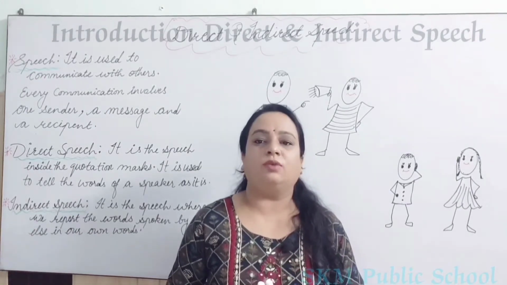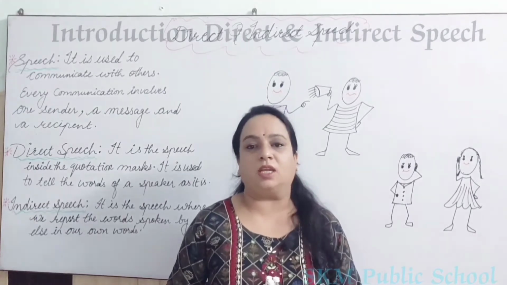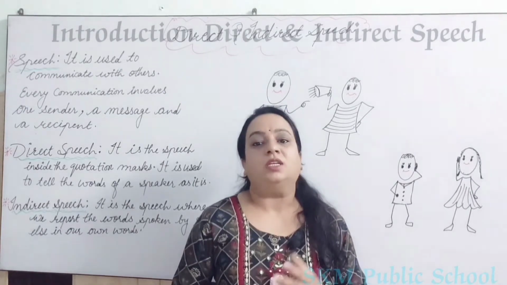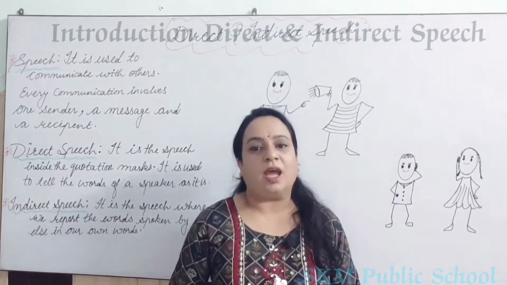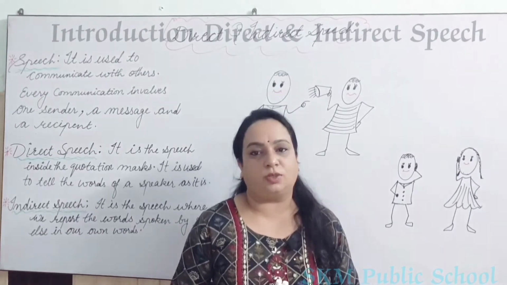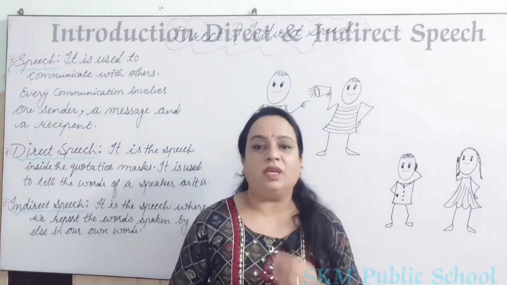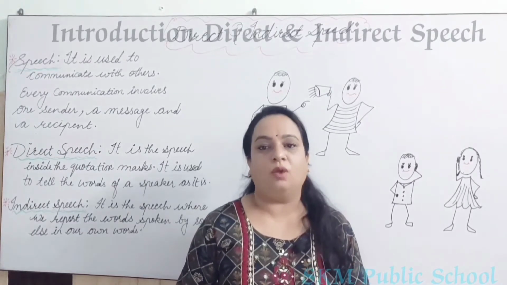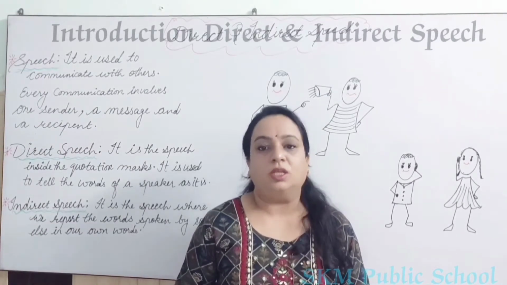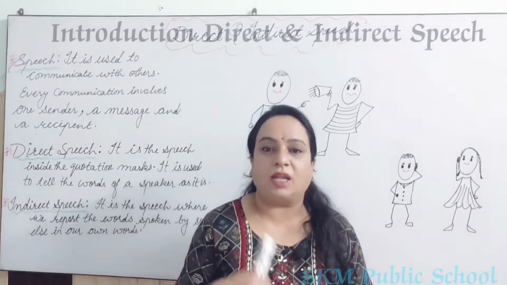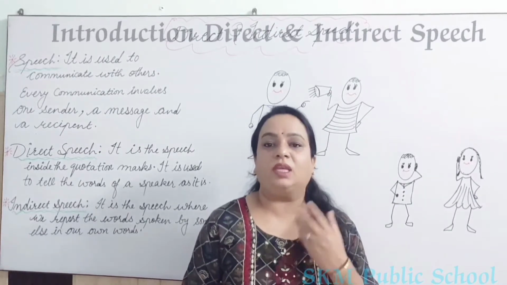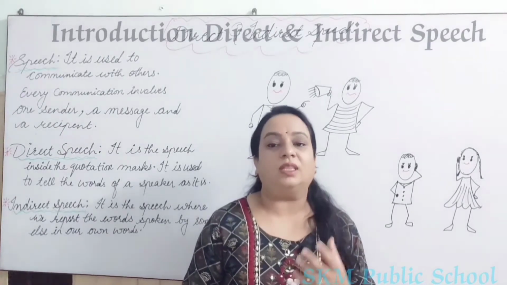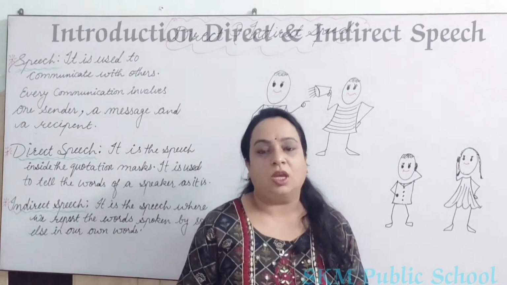Now when we talk about speech, that speech can be of two kinds. One is direct speech and the second one is indirect speech. So what we understood is that the meaning of speech is when we communicate something with someone. Our dialogues with someone, when we give a message to someone, that is known as speech.